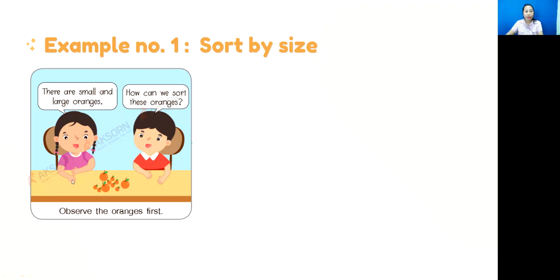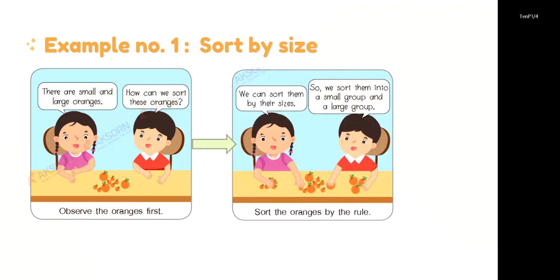Let's have an example here. Look, there are small and large oranges here on the table. So how can we sort these oranges, or how can we group them? We can group them or sort them by their sizes.